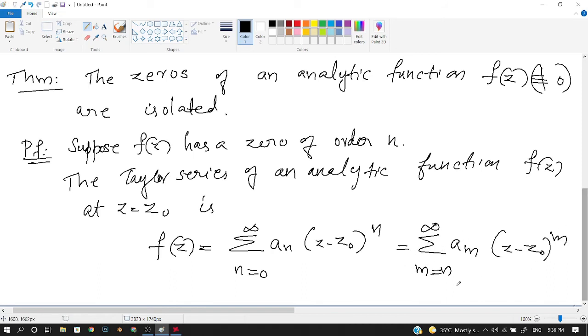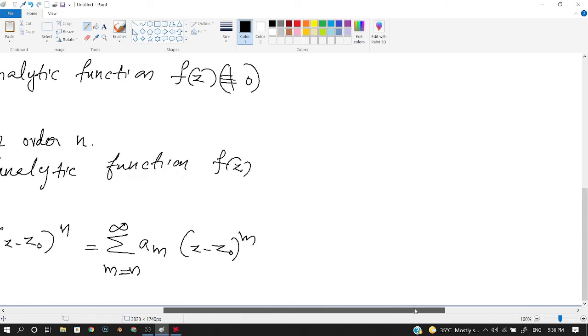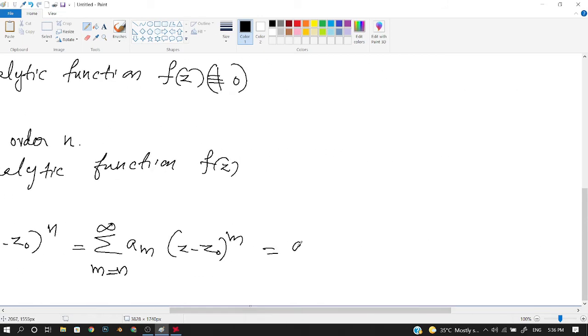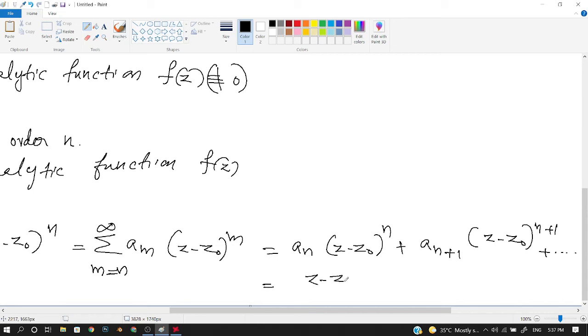Now when we expand this, it is equal to a n into z minus z naught raised to n plus a n plus 1 z minus z naught raised to n plus 1 plus etc. Now you can take that z minus z naught raised to n outside. So inside the bracket we have a n plus 1 into z minus z naught plus etc.